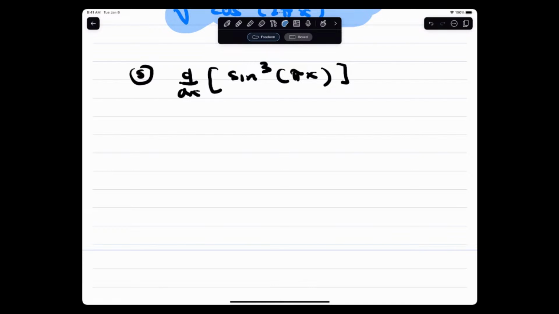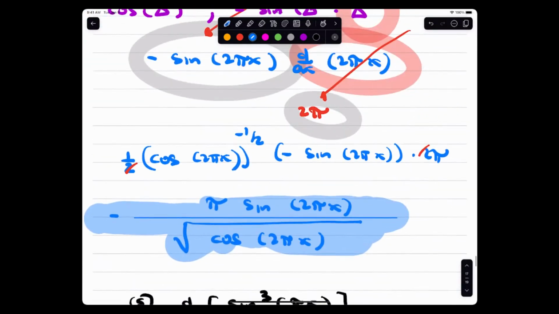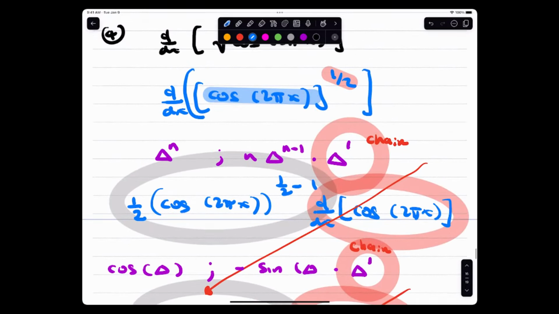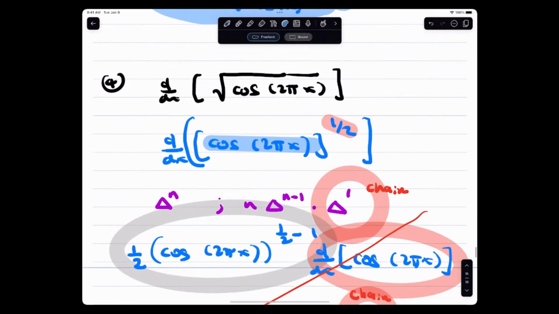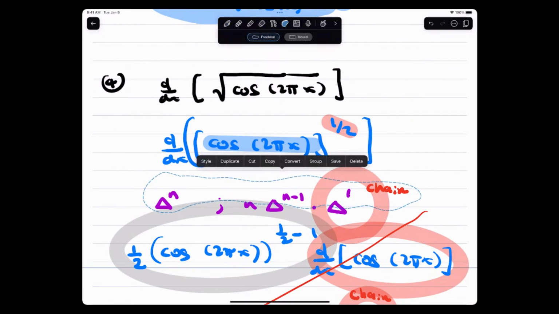All right, now, just like before, what are you guys really looking at here? This is going to be the power rule. So I'm going to go back and find that power rule again. It's really power rule with chain rule, right?